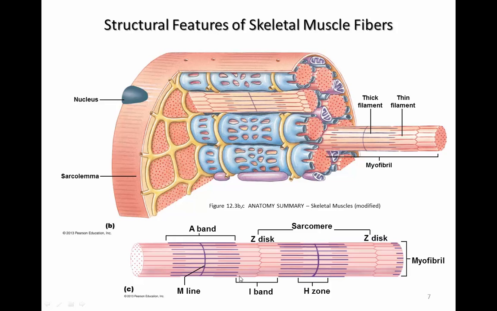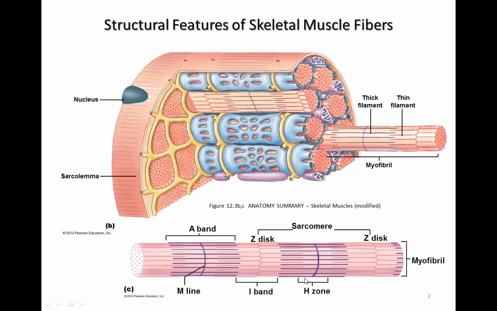You will also notice that the A band is bisected by a line, an M line, and the M line joins the thick filaments together. It's actually a three-dimensional disk or network that links these filaments together. And also in the middle of the I band you find a Z disk or Z line, and this connects the thin filaments.